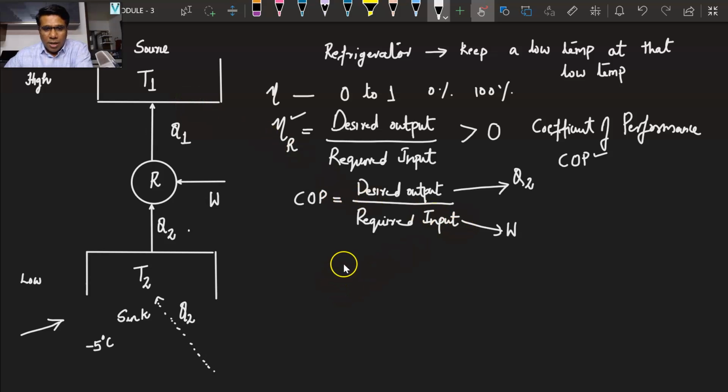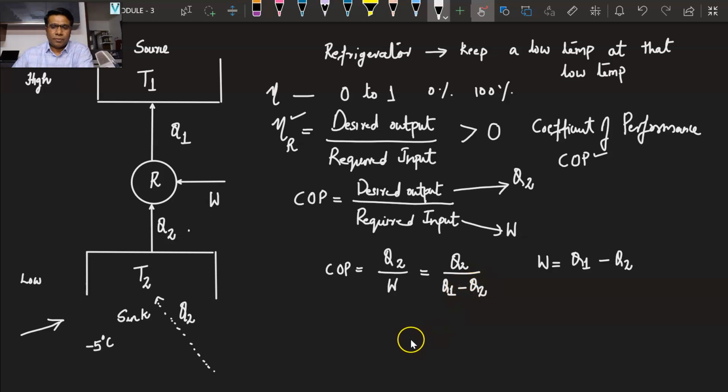Now I'll write COP is equal to the desired output, which is Q2, by the work done, which is W. Again, we know that the work done is equal to Q1 minus Q2. Therefore I can write this equation as Q2 by Q1 minus Q2.